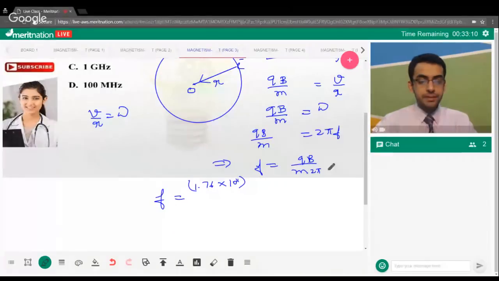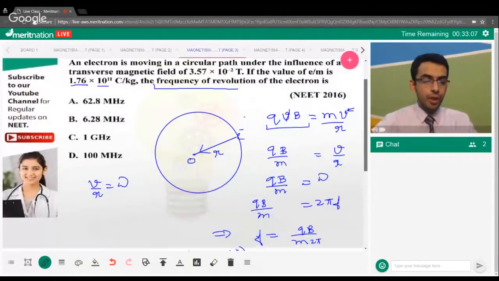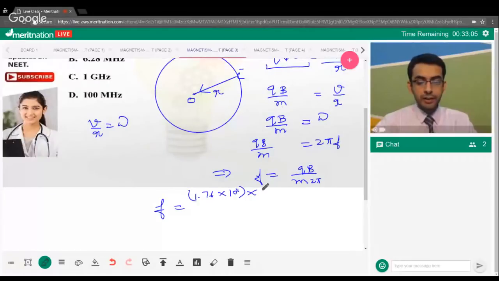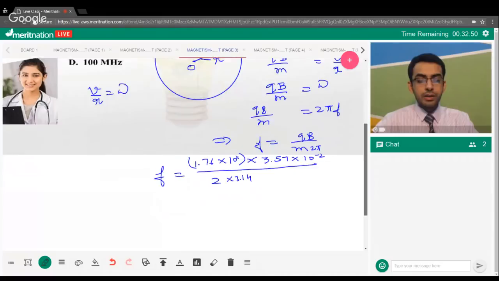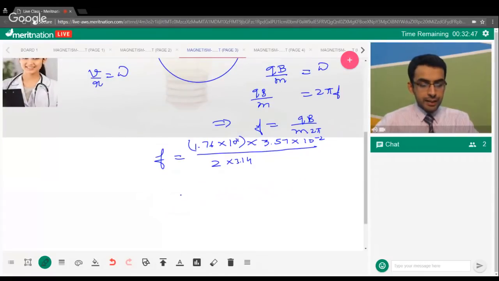And B is given to be equal to 3.57 into 10 to the power minus 2, divided by 2 pi, so 2 into 3.14. If you calculate this all, you'll get something like 6.28 into 10 to the power of 9 in the numerator, and in the denominator also we get 6.28.